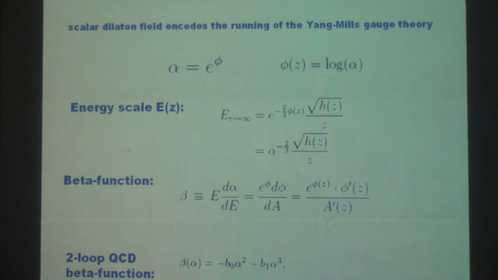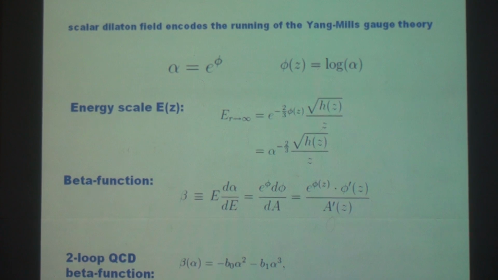So of course, you can calculate the running of the Yang-Mills gauge theory, because this dilaton field is related to the coupling constant. So you can calculate this beta function in this framework.